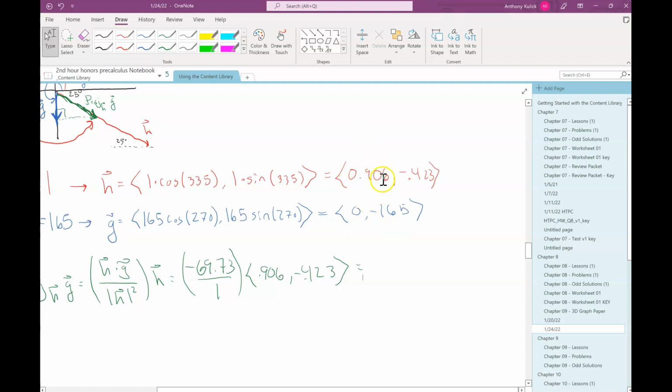Notice that I didn't worry about the 0.906 because it's just being multiplied to 0. So that's 0, right? When I did the dot product, I just did the dot product in my head there real quick.